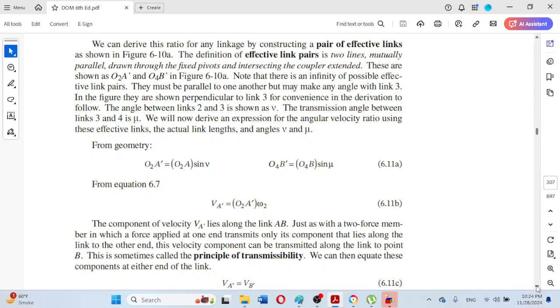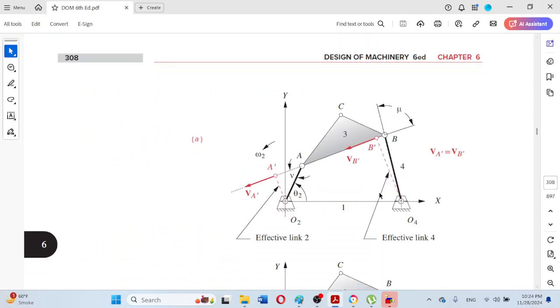can observe the effective link for O4B dash. If we consider that right angle triangle O4BB dash, where the angle at B dash is perpendicular, this angle is 90 degree here at this moment.